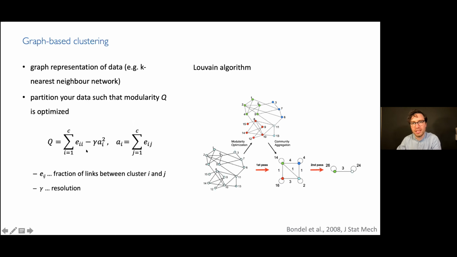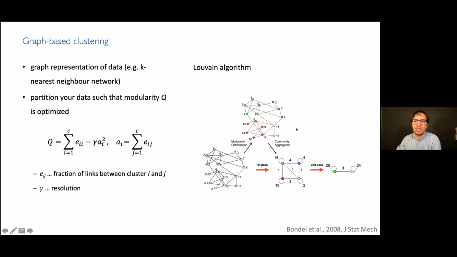If the modularity is increased, you accept this copy step, and if it's decreased, you reject the copy step. You do so until you arrive at a steady state like this, where copy attempts don't increase your modularity anymore. In this case you end up with 4 clusters, and then you do an aggregation.